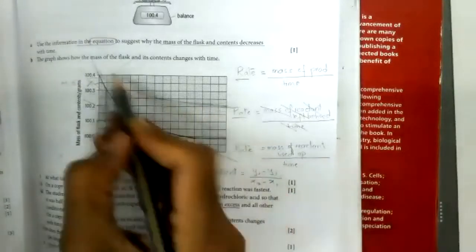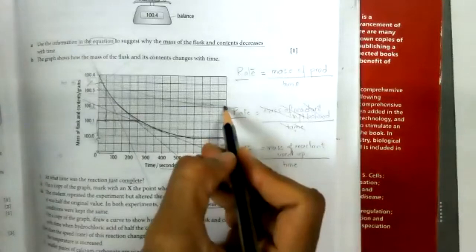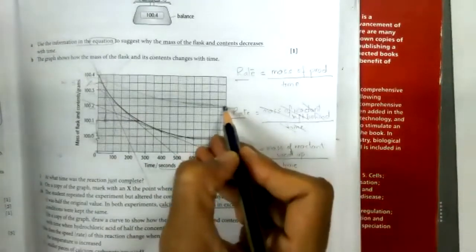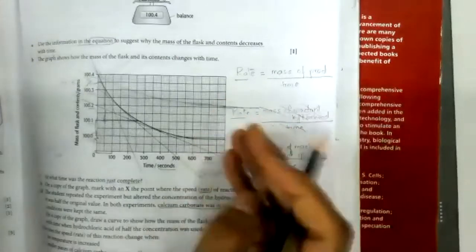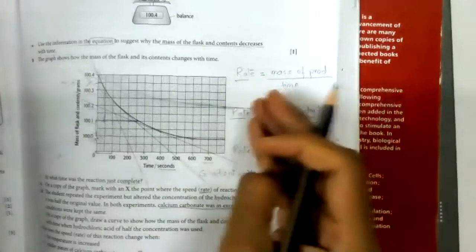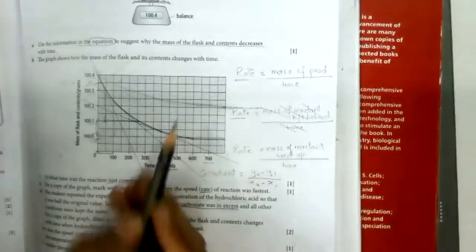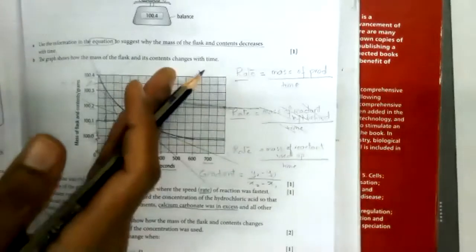Are you getting me? Why? Because this ended here at 600, so this should end somewhere farther away. It should level out a little later, at 800 or something, because this is a slower reaction, because you decreased the concentration of hydrochloric acid by half.